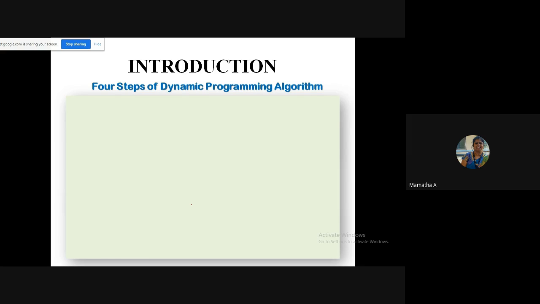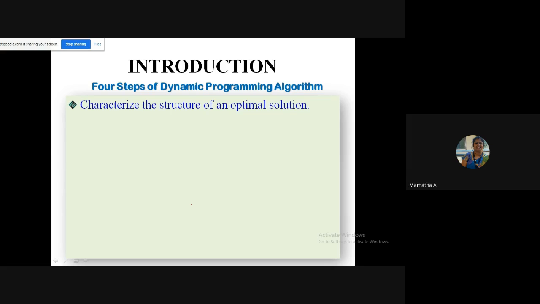So what are the 4 steps that any dynamic programming algorithm usually follows? Just listen. The first step is to characterize the structure of an optimal solution. What does that mean? It means that you should get the structure to get the optimal solution.